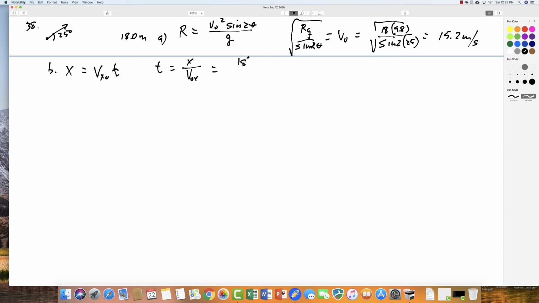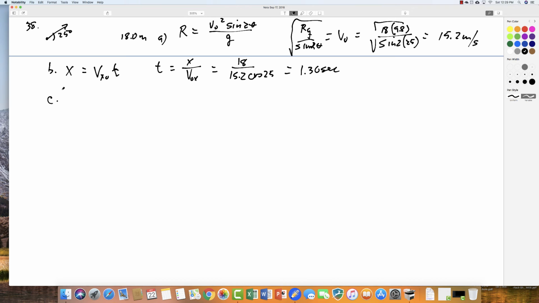So this is 18 over 15.2 times cosine of 25 degrees. And if we do that, we end up with 1.3 seconds as the flight time.